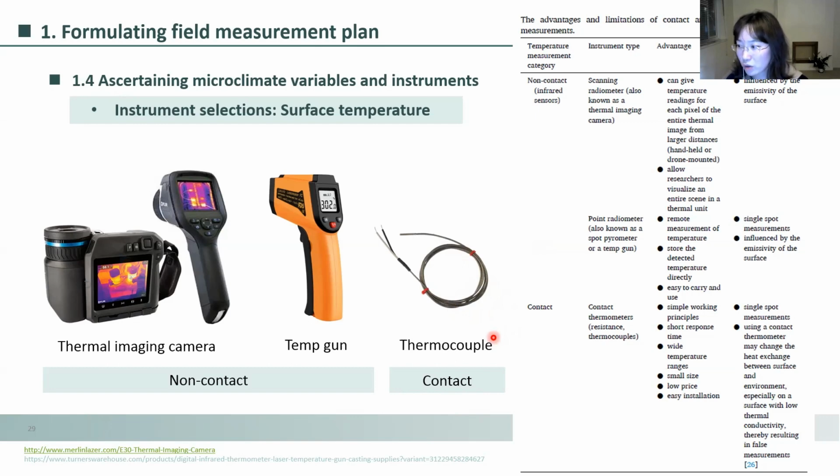In general, a data logger needs electrical power and a battery, so you need to consider this point. For the thermal image camera and the temp gun, I believe you are familiar with them because they were widely used during the COVID-19 pandemic. These instruments are easy to use, but if you want to get an accurate result, you need to know the long wave emissivity of the object.